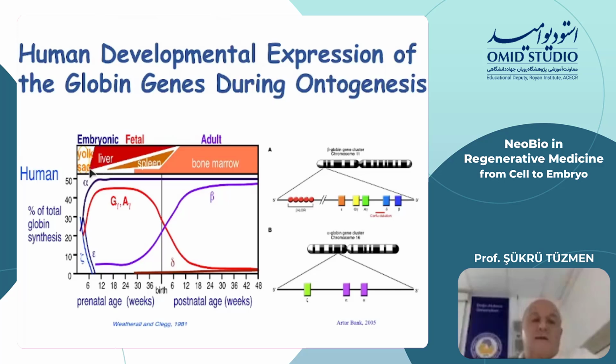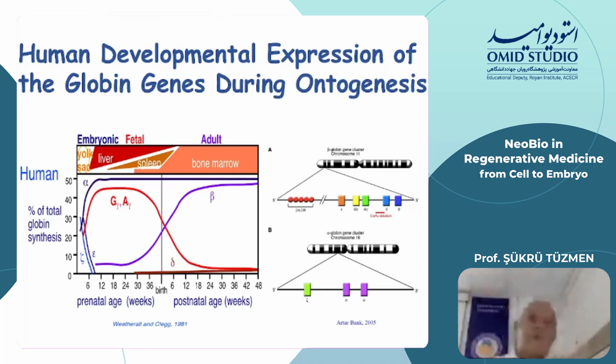So it starts with the yolk sac, okay, after the fertilization. And then the embryonic for that matter. Then the fetus: the fetal globin gene expression initially goes through the liver, spleen, and then bone marrow takes the major thing into the adults. So adult hemoglobin, as I said, is hemoglobin A, HbA.